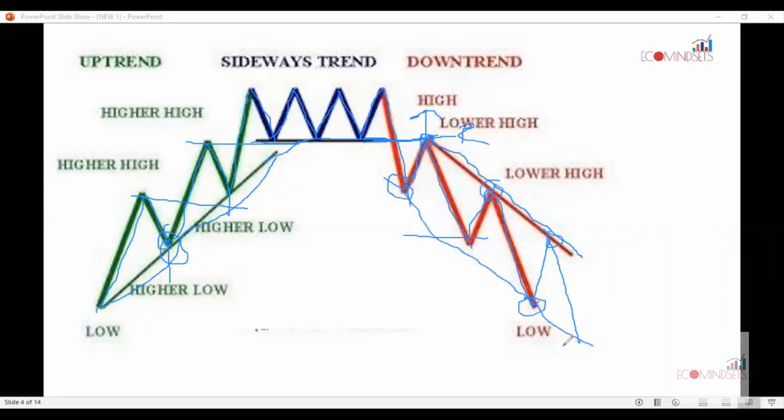Price will always reject once it gets there until any of those lines are broken by price. So basically this is just a summary of what an uptrend, a range, and a downtrend are. Very soon we will look at that on the live chart.